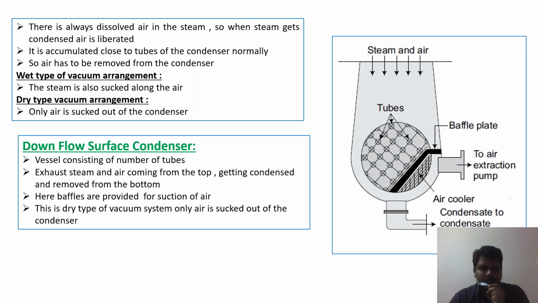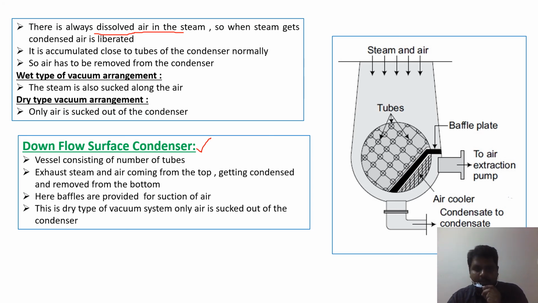Now let us see the other type of surface condenser, the downflow surface condenser. Before explaining this type, as we know, some air is dissolved in the steam. When steam condenses, it will liberate the air. That air we have to take out from the condenser.